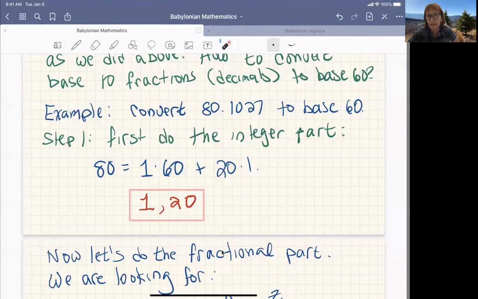I'm going to appeal to the definition to start the problem. But as I start doing the steps, I'm going to notice a pattern that's going to make it easy to finish. And then when you do an example yourself, you can do the shortcut that we're going to learn at the end.